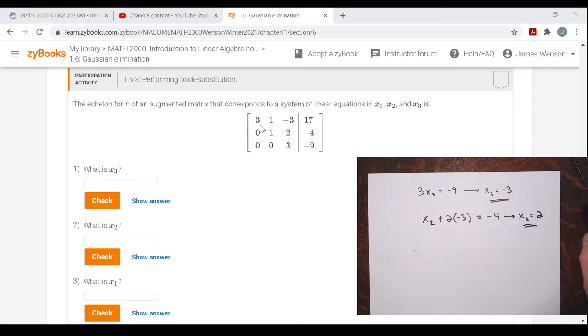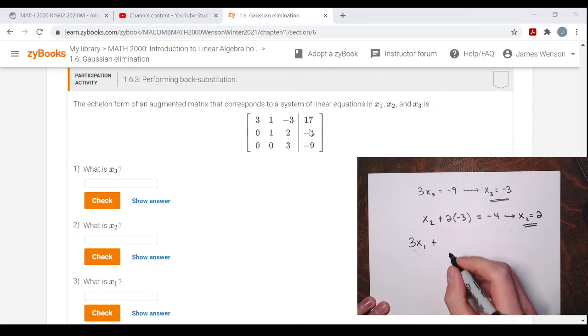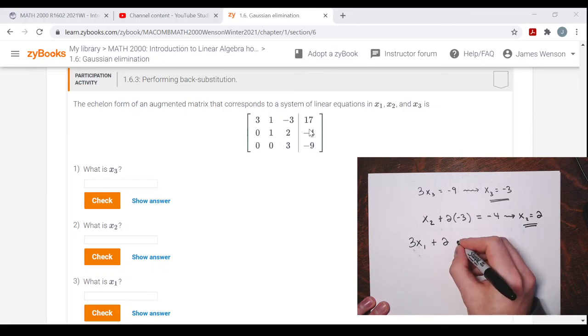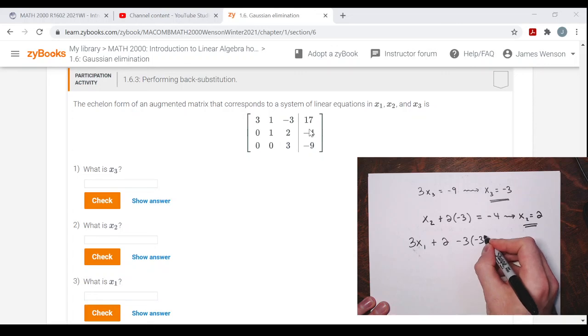Now we go backwards even further to the first row. The 3, 1, negative 3, 17 is this equation: 3 times x1, I don't know x1 yet, plus 1x2, but x2 is just the number 2, so I'm replacing x2 with 2. Then minus 3x3, and we know x3 is negative 3, so I'm substituting negative 3 for x3.